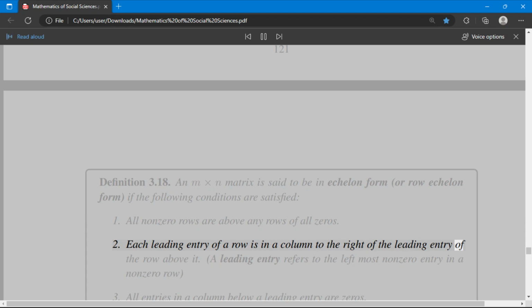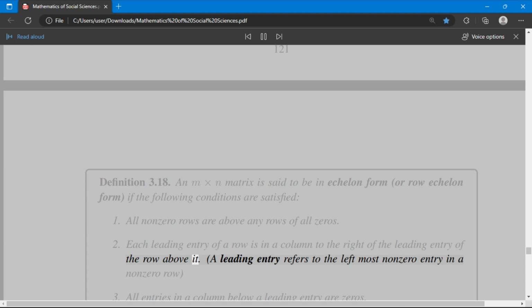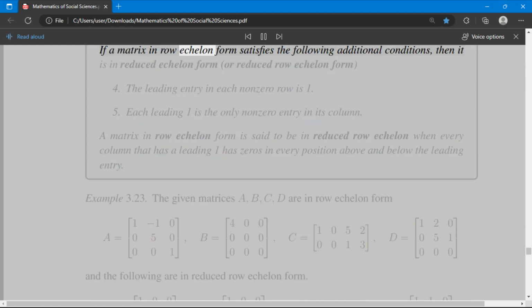Each leading entry of a row is in a column to the right of the leading entry of the row above it. A leading entry refers to the leftmost non-zero entry in a non-zero row. 3. All entries in a column below a leading entry are zeros.